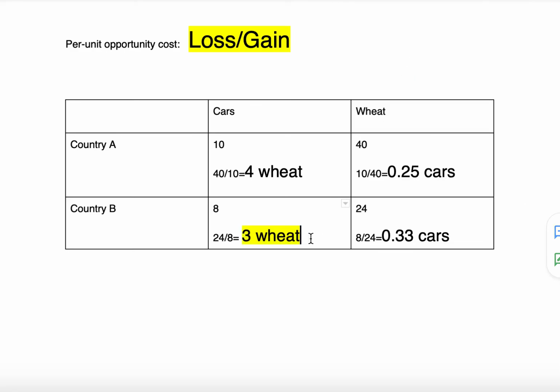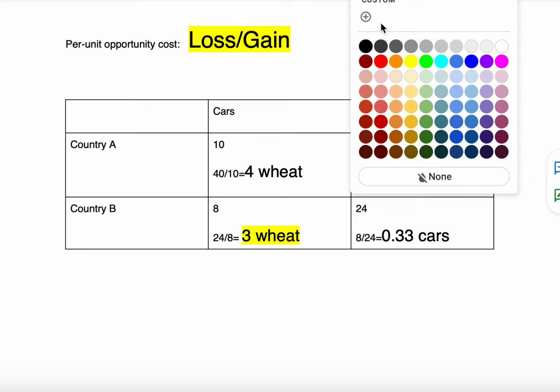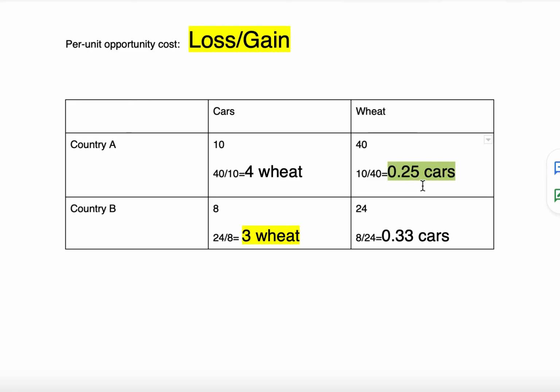So country B actually has the comparative advantage in cars, even though country A had the absolute advantage. Now let's look at wheat. Who can produce a unit of wheat at the lowest opportunity cost? It's clearly country A. They can make a unit of wheat, and it only costs them a quarter of a car compared to country B's 1/3 of a car. And there you have it.